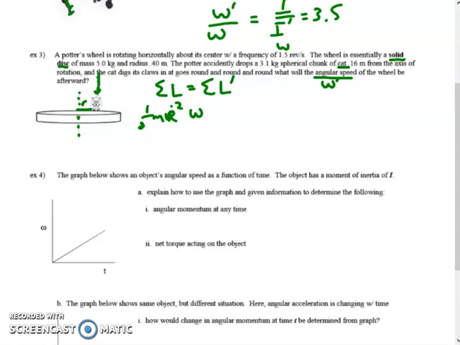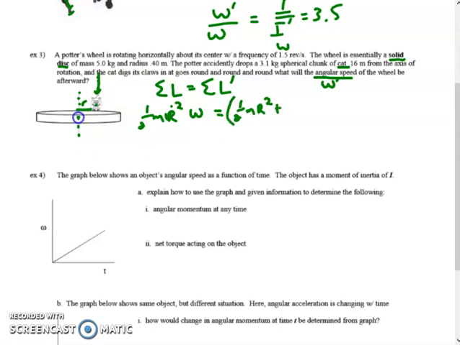Now, afterwards, the cat is on here, so the cat's going to change the moment because that's a lump of mass. And kind of like a problem we did with the stick prior, we have two terms in our new I. Our I prime is still the 1/2 mr squared from the potter's wheel, the disc itself, right?